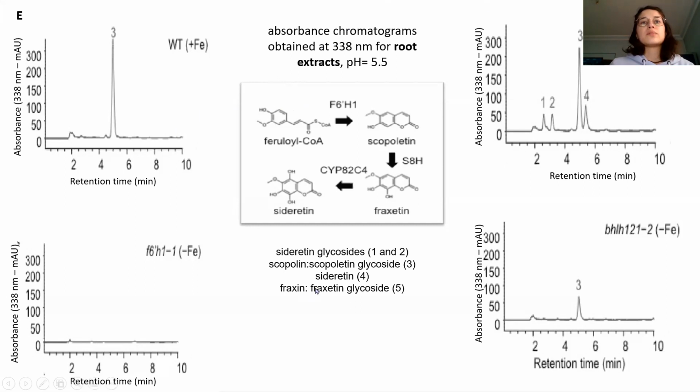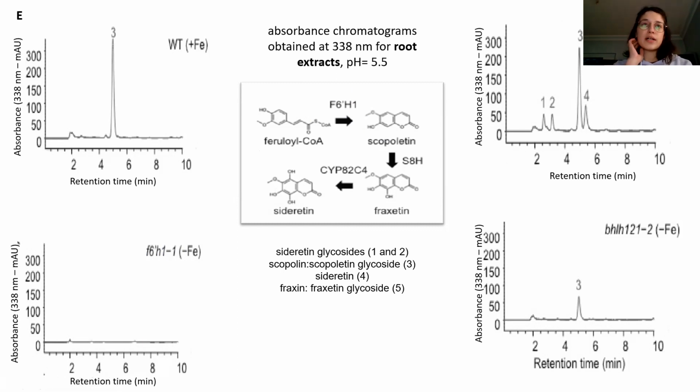Here we see the ones that are accumulated in the root extracts and their names. This is the biosynthetic pathway of coumarin synthesis, and this is the first gene involved in the coumarin conversion. This one is used as a negative control, and since this gene is mutated, we don't see any accumulation of these coumarins.